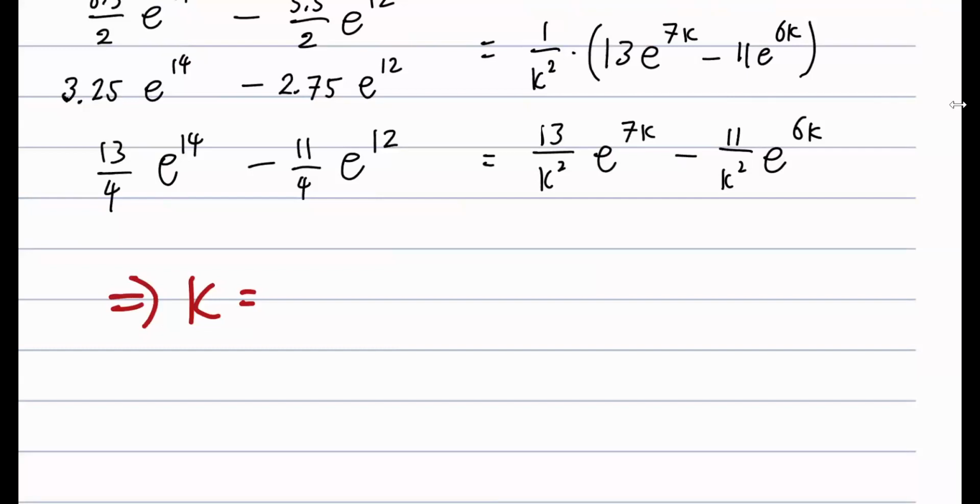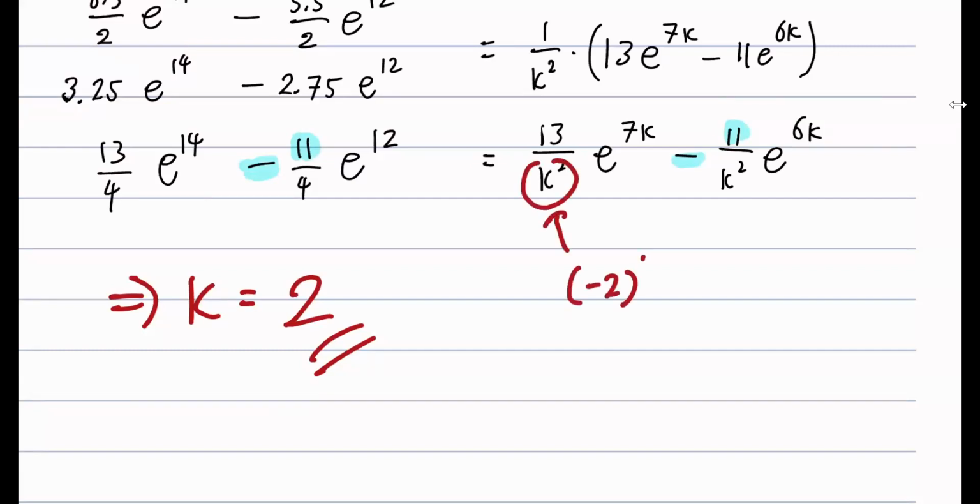No, one value only. Compare and contrast. Can you see the pattern? 13 over 4, minus 11 over 4. k is 2. Very good. Can it be negative 2? You see, here got k squared.